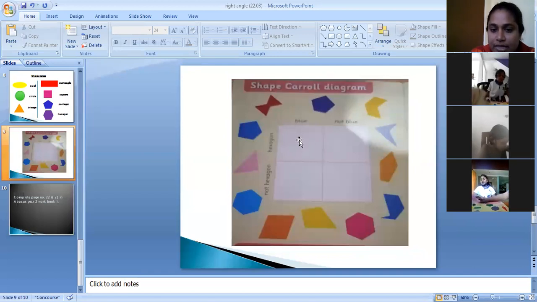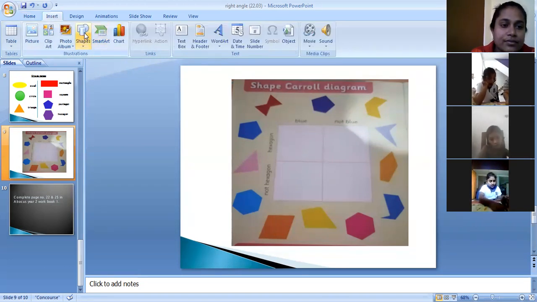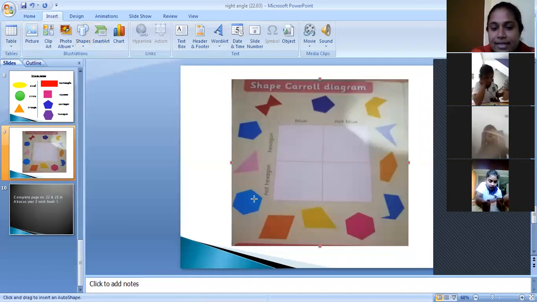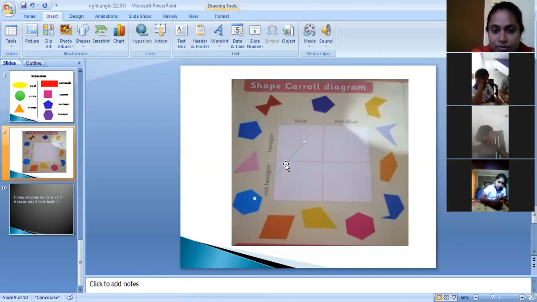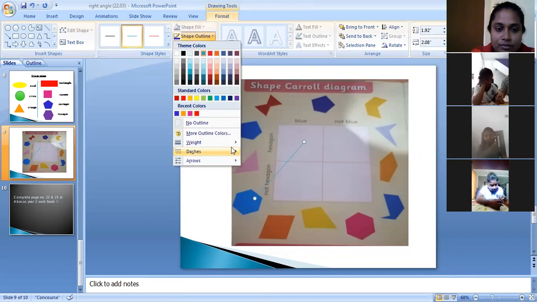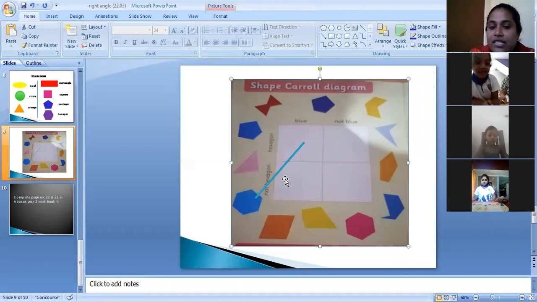Here on this square, it should be a blue hexagon. How many blue hexagons are there? It should be a hexagon and it should be blue. Like this, you should match.